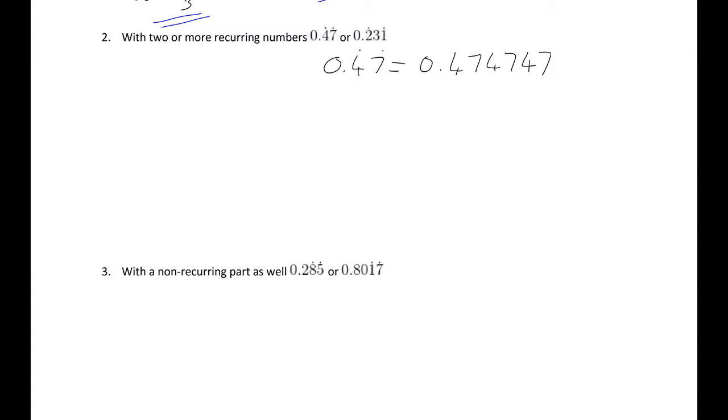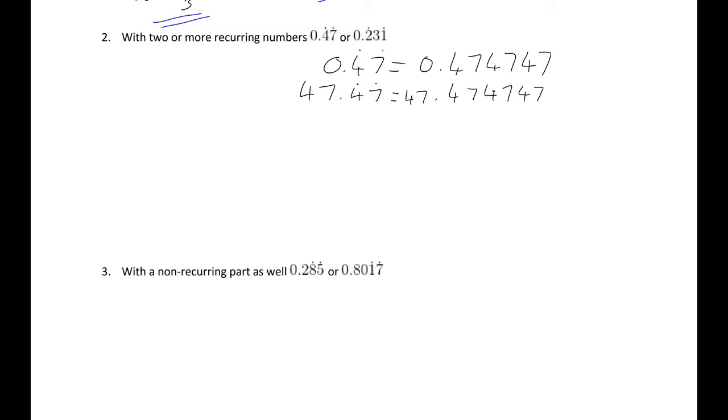Well, now if we times this by 10, we'll get 4.74 recurring. These don't line up. So if we want them to line up, we're going to need 47.47 recurring, because that is 47.474747. Now you can see that these line up perfectly.